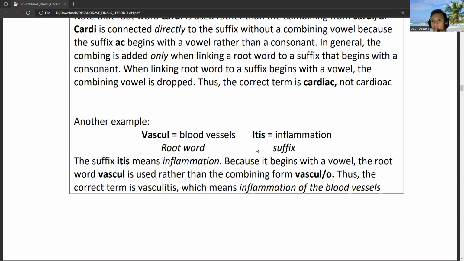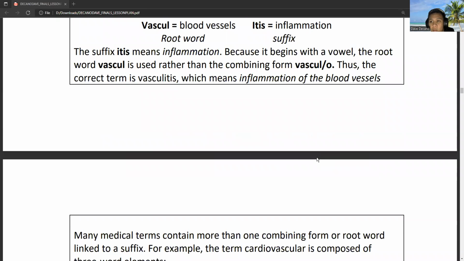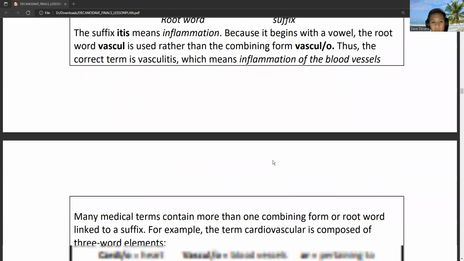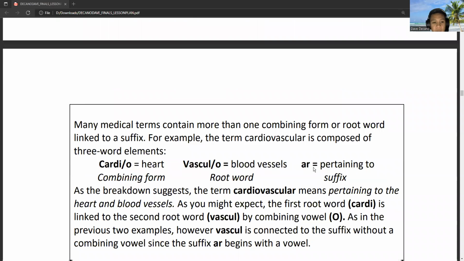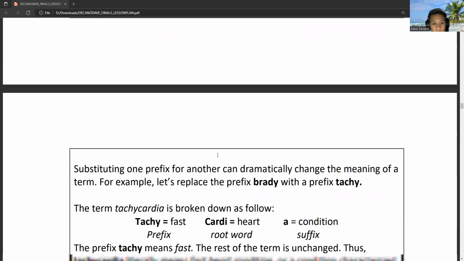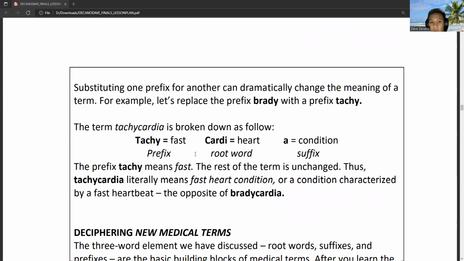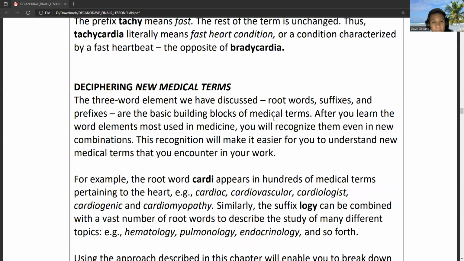Then providing examples and explanations will be a good thing for the students because it will be used to dissect every medical term. This will be the coverage of chapter 1.